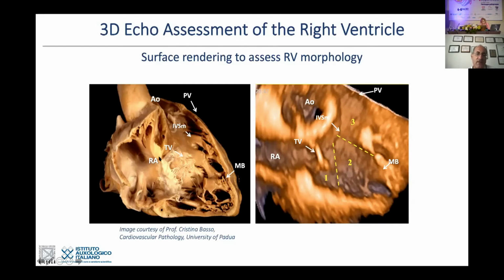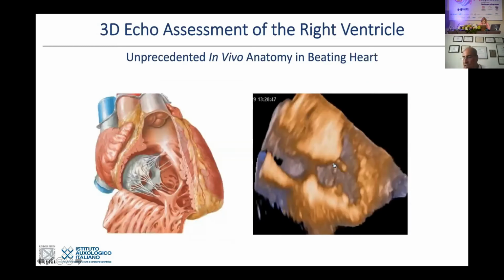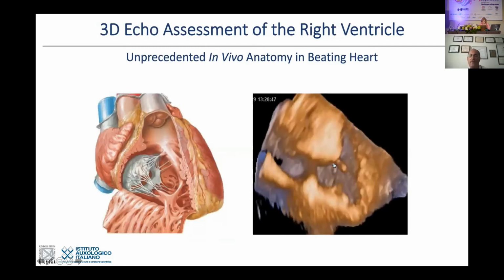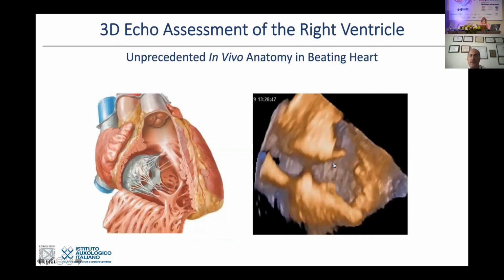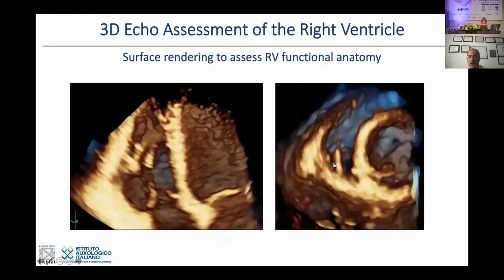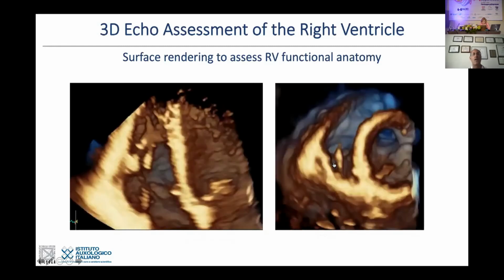Here you have the inflow of the right ventricle, the body with the trabecular apex, and here you have the outflow with the pulmonary valve, and you see almost the same image in this 3D reconstruction. But once again, with the 3D echo, we have also the motion of the pictures, so the functional anatomy instead of just the static anatomy.